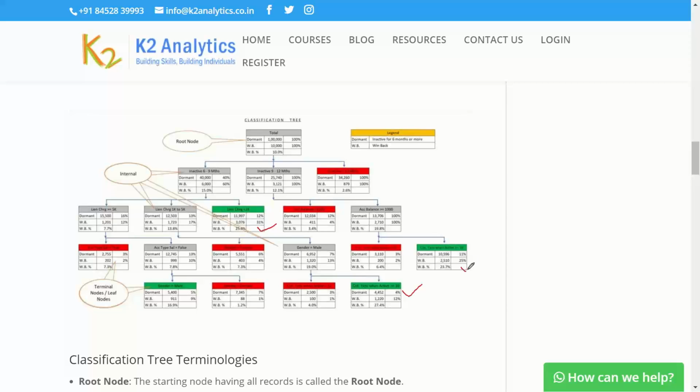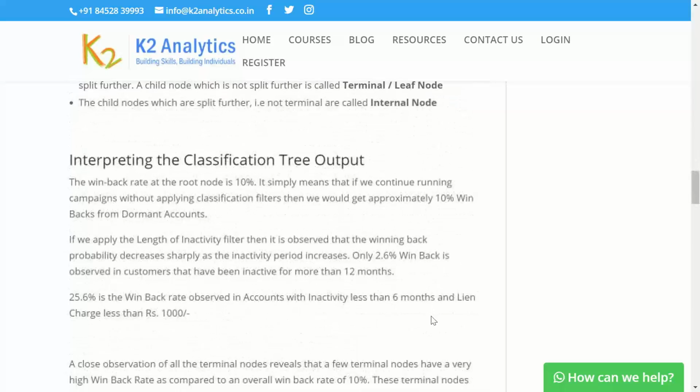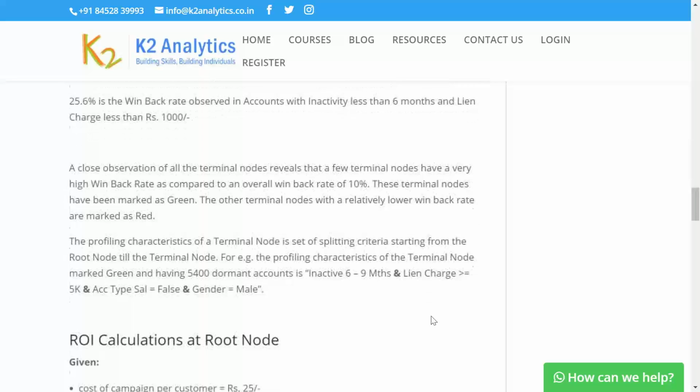Or if I target this base, I'll get a win back of 23.7%. These win backs are much higher than the overall average of 10%. So we need to now see how profitable we are by targeting at different segment levels. So we need to do certain ROI calculations.